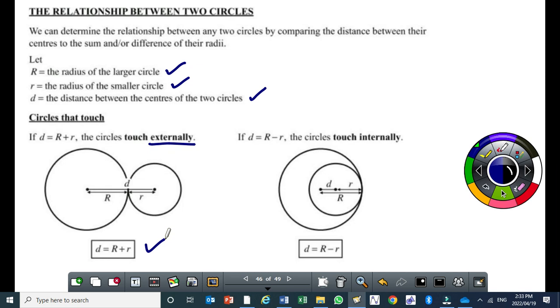Now, in a case like this, if the distance between their centers is less than the difference between the radius of the large circle and the radius of the smaller circle, you can conclude that therefore the circles touch internally. So this involves some common sense. So this is the internal case.